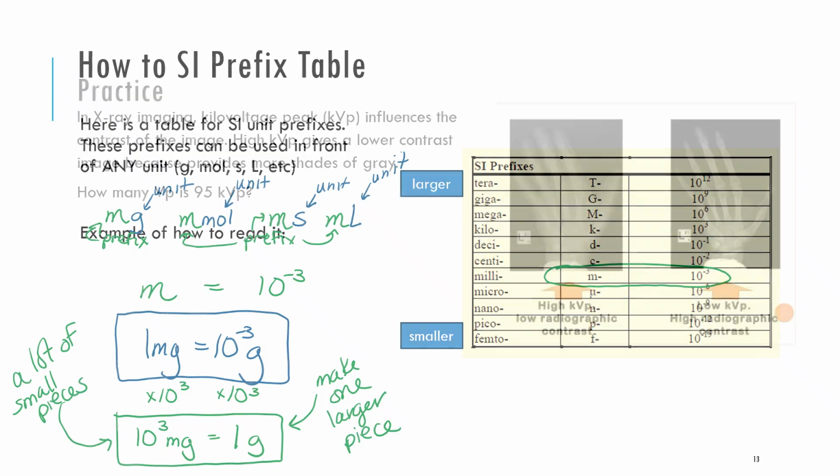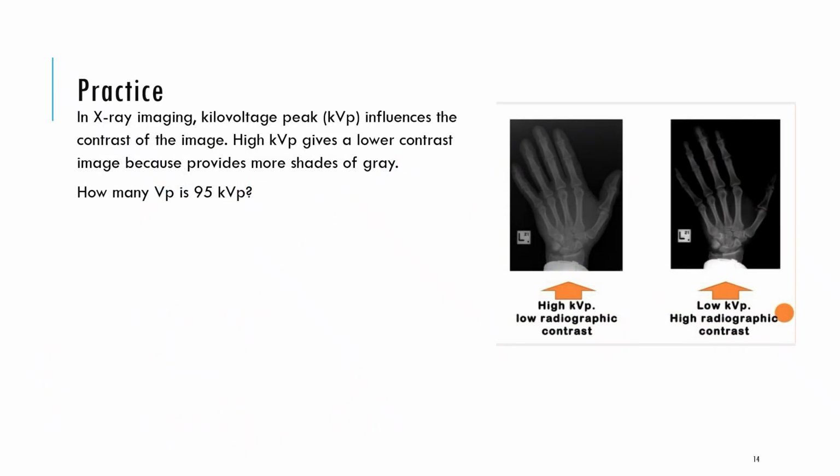Let's work through an example problem. In X-ray imaging, kilovoltage peak, or kVp, influences image contrast. A higher kilovoltage peak produces a lower contrast image because it creates more shades of gray. How many volts is 95 kVp? First, determine which unit is larger, volts or kilovolts.